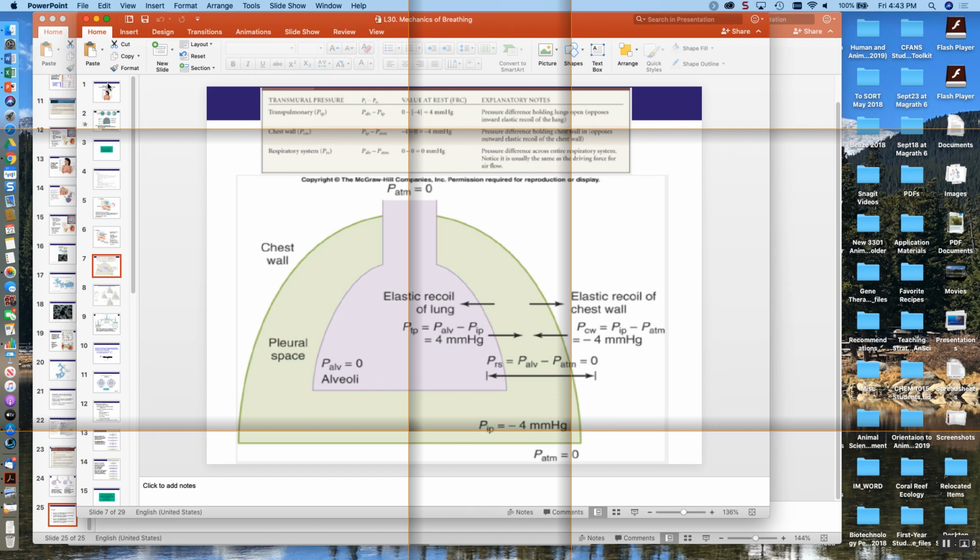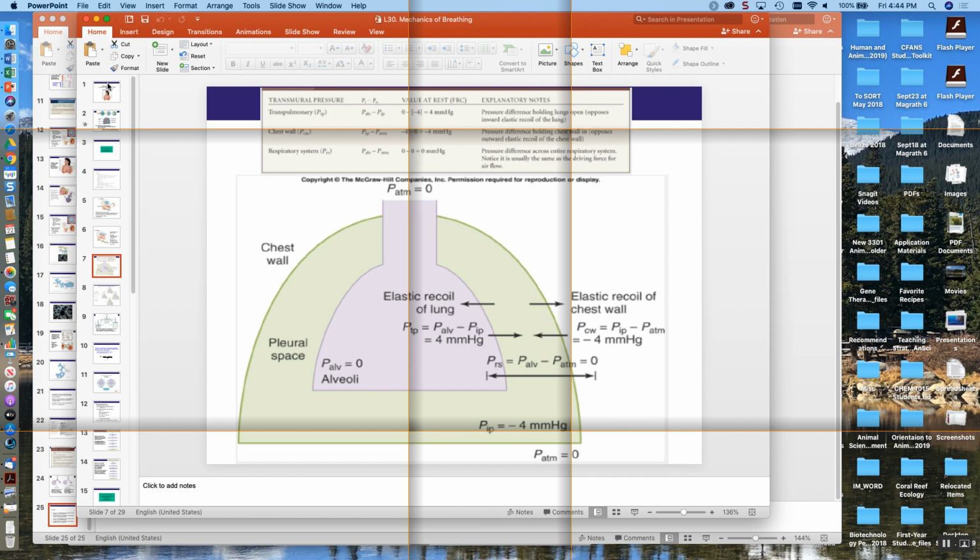And then finally, the respiratory pressure is the alveolar pressure minus the atmospheric pressure. It's the pressure difference across the entire respiratory system. And just so you know, this is determining airflow. So when the alveolar pressure is -1, then air is going to flow in.